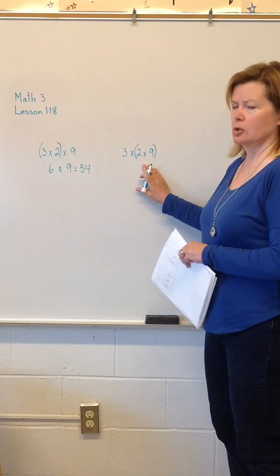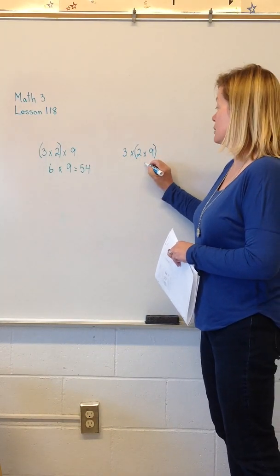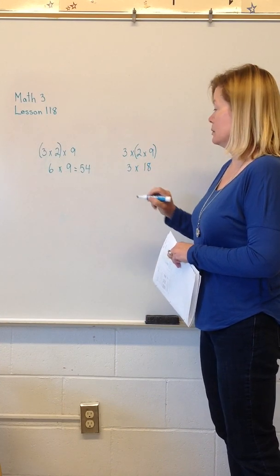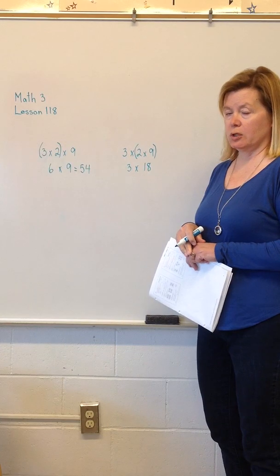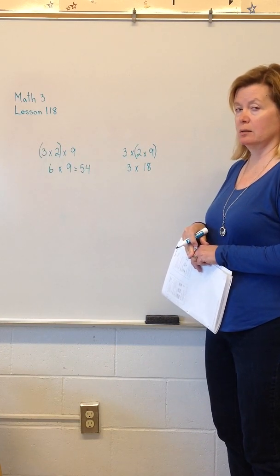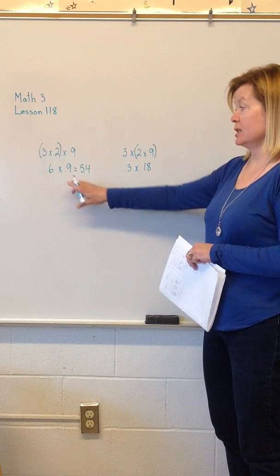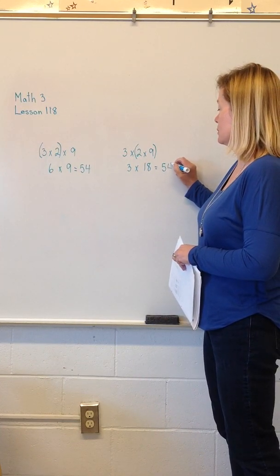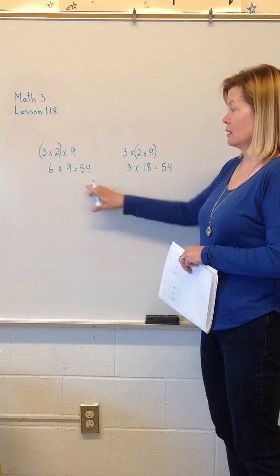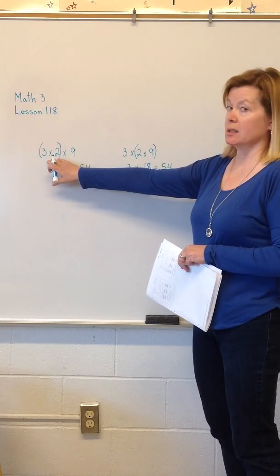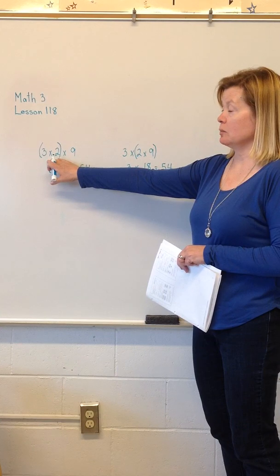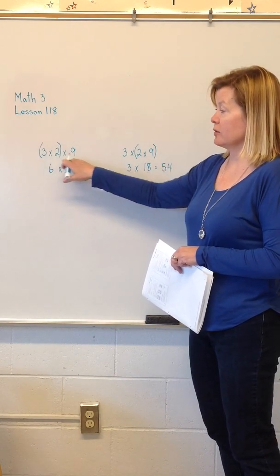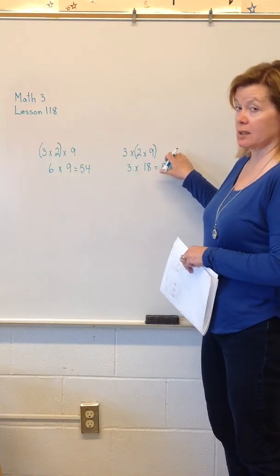Hey, 2 times 9. You know what that is. Is it easy for us to multiply 18 times 3? Not as easy as it was to do this. We know that this answer is going to be 54. So it was easier for us, since we get to choose which numbers we're going to multiply together. It was easier for us to do this than to do it this way.